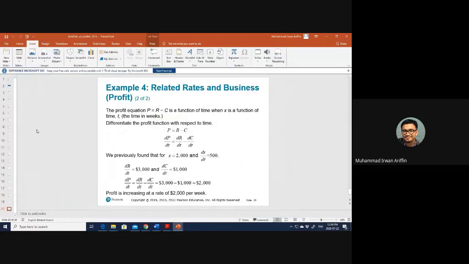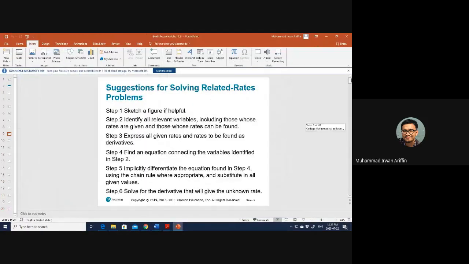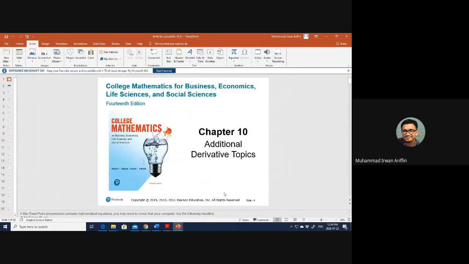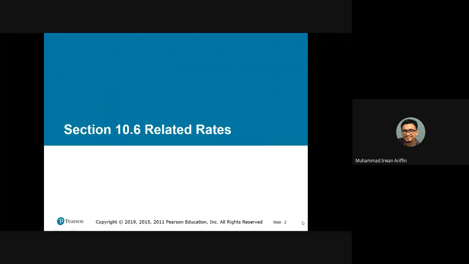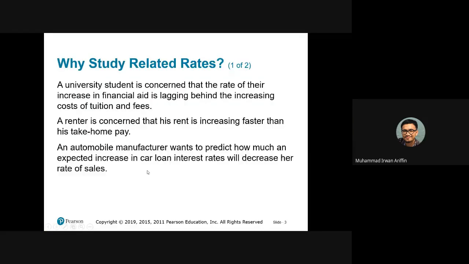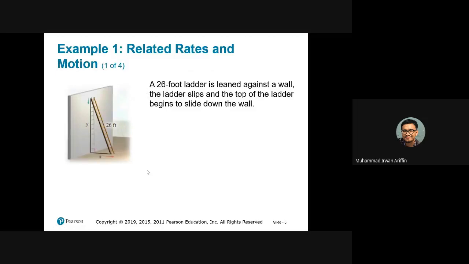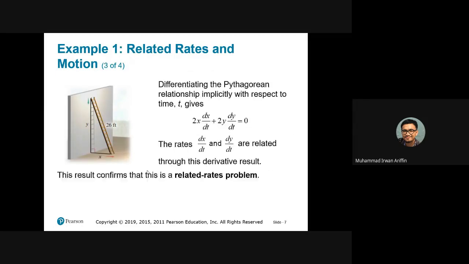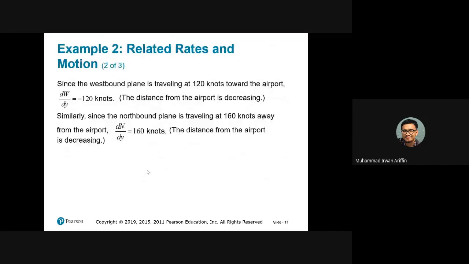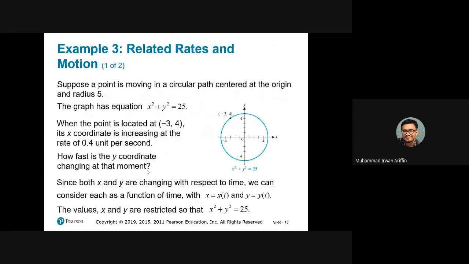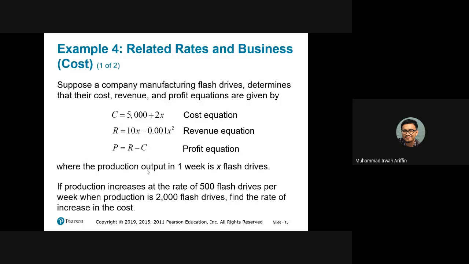The next topic, the next slide, is on related rates. This is simply the application of all this differentiation with regard to velocity, and also to business and economics, when we have cost and revenue and profit.